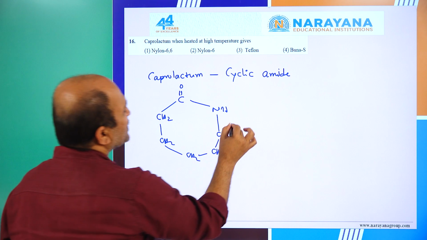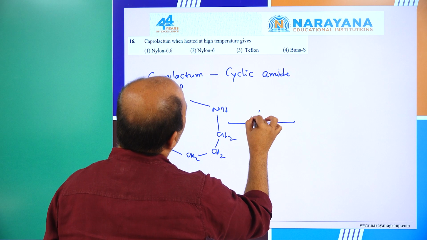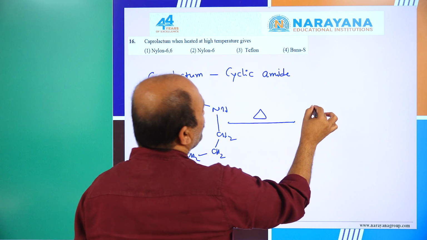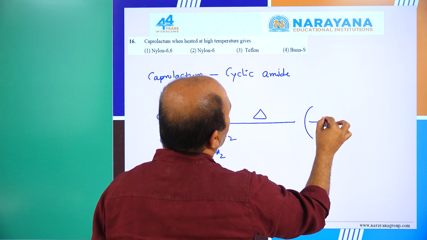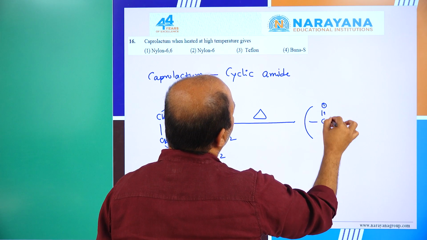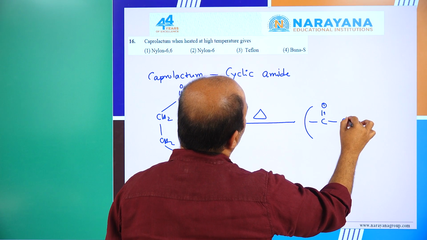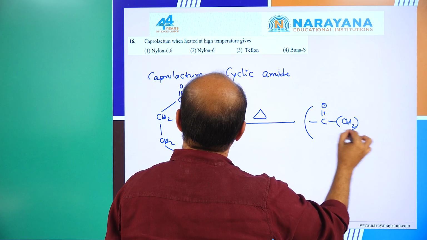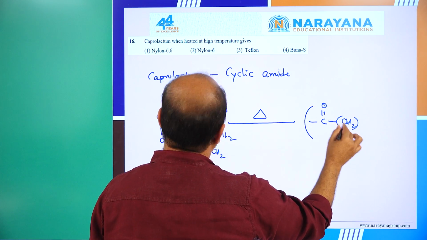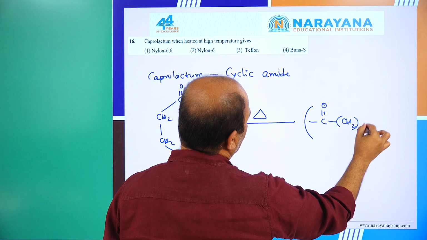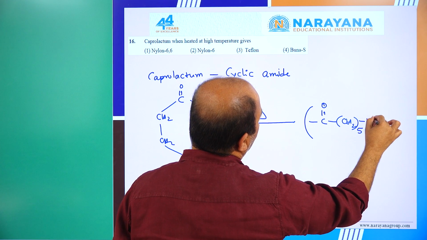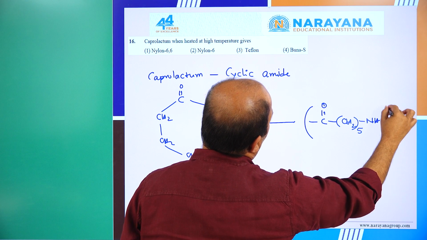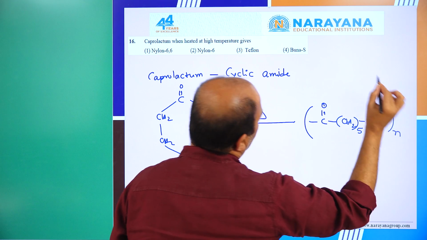This is caprolactam. On strong heating, it forms a polymer of C double bond O, CH2 five times, NH, and n times.